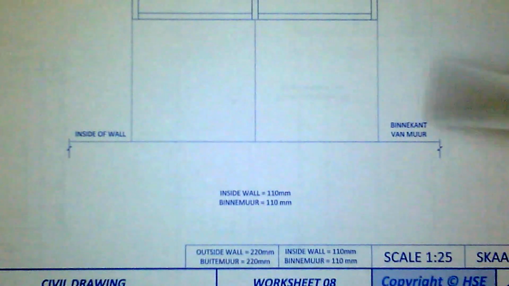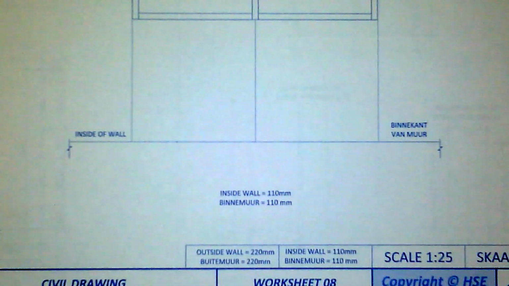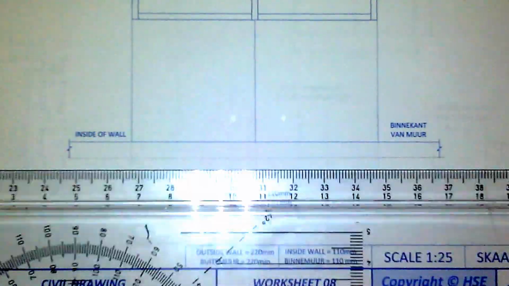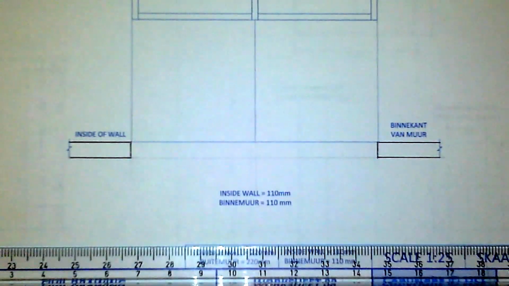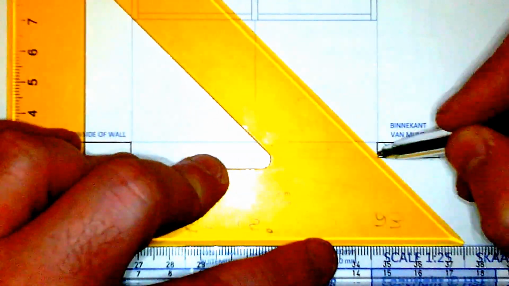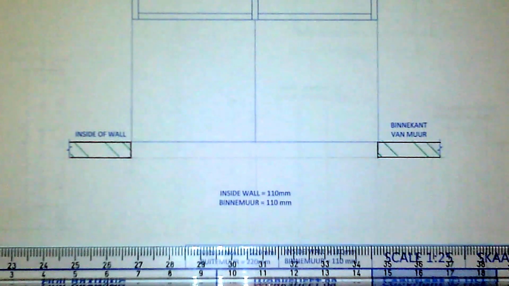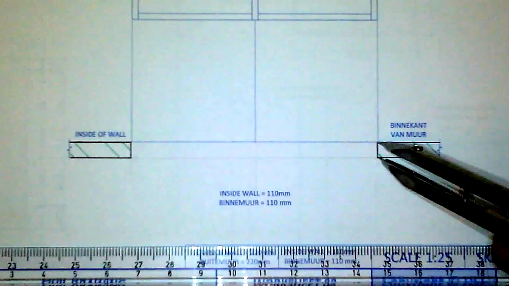Right, so first again I'm going to try and finish the walls before we actually go to the sliding door. Right, so now I'm going to take my divider, and I'm just going to check the thickness of the wall here.